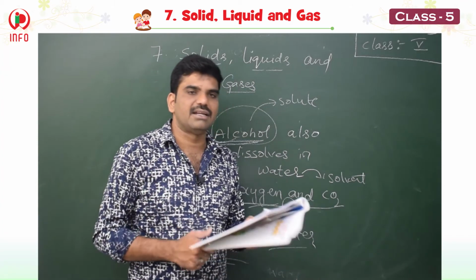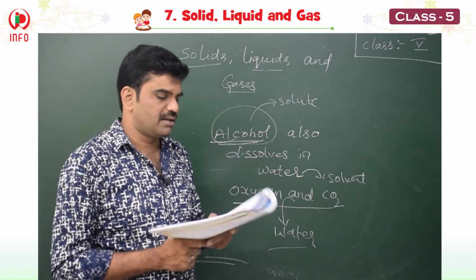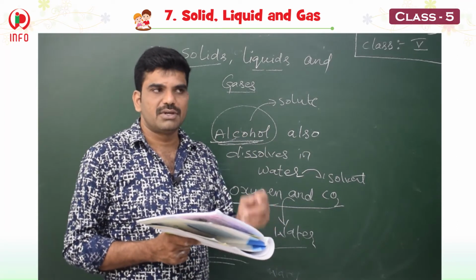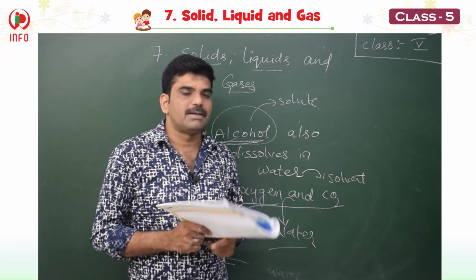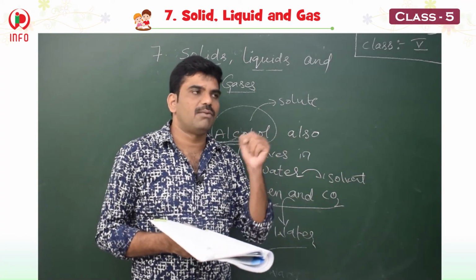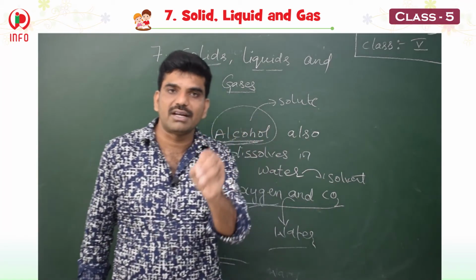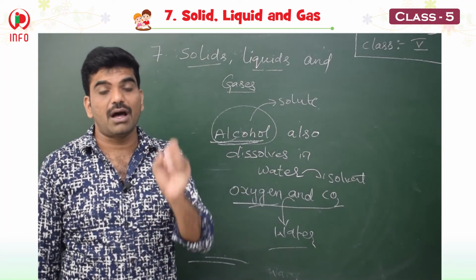So once again, you can see the arrangement by taking the examples. When you add a spoon of sugar to the water, the sugar will be dissolved in the water. Why is the sugar dissolved in the water?